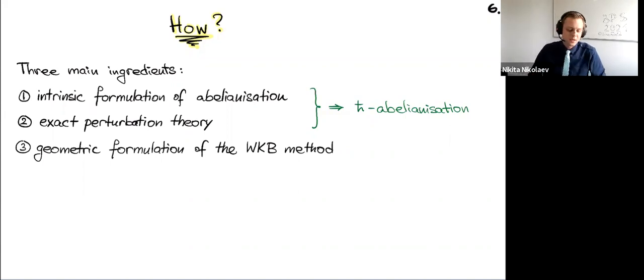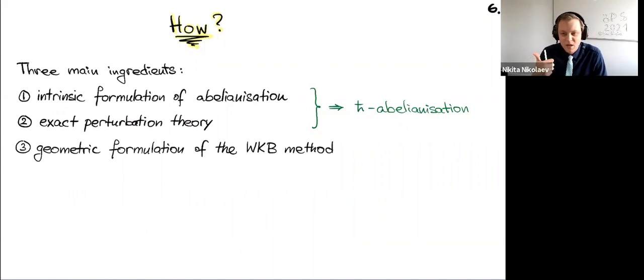But to get the main result I'm describing, I'll give you a slightly different point of view on abelianization, which is a bit more intrinsic in nature, and that seems to be exactly what's needed to proceed.